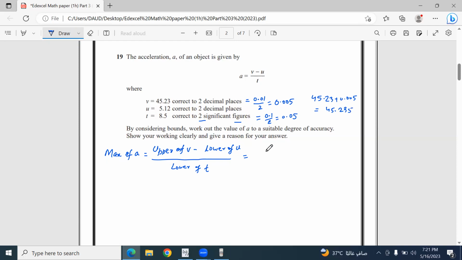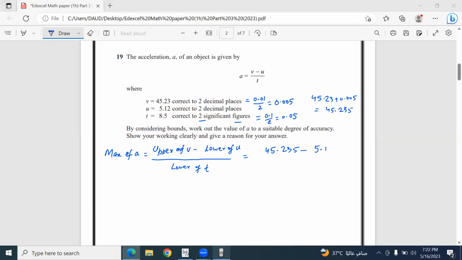So here you can write 45.235, and for the lower value of u we will subtract 0.005 from 5.12, so we will get 5.1. We can check also.